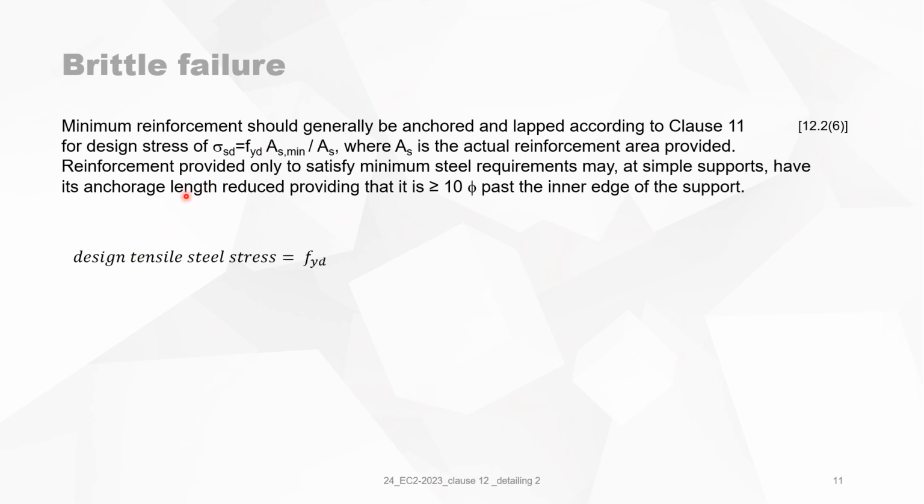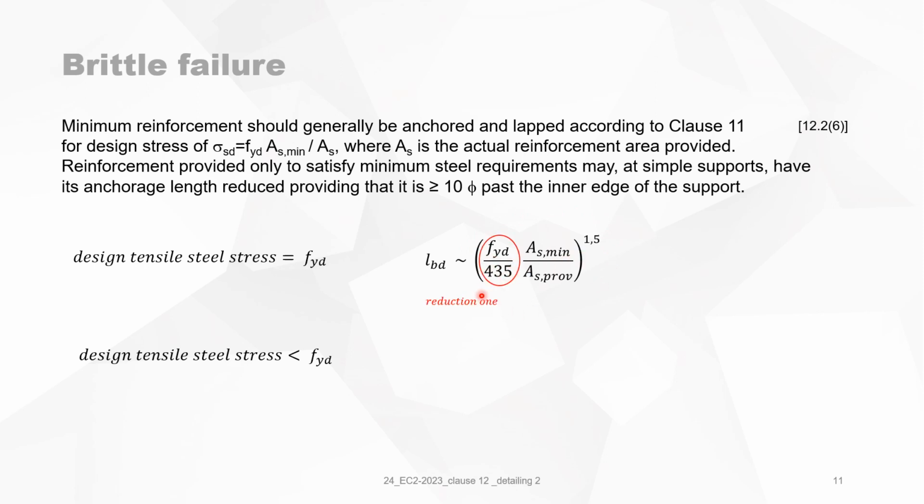Then let's go further on this aspect. You have two cases. Either the design tensile stress in the steel is fyd, or the design tensile stress is smaller than fyd. And then you will see that the anchorage length, lbd, is proportional to this formula. So it's proportional to two different elements.